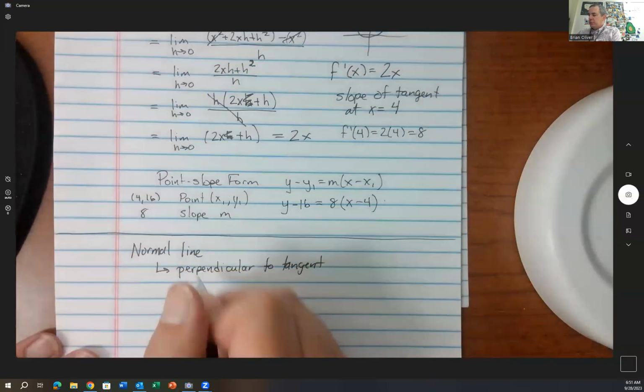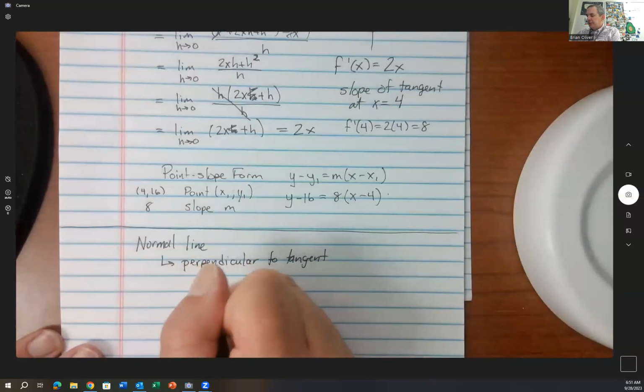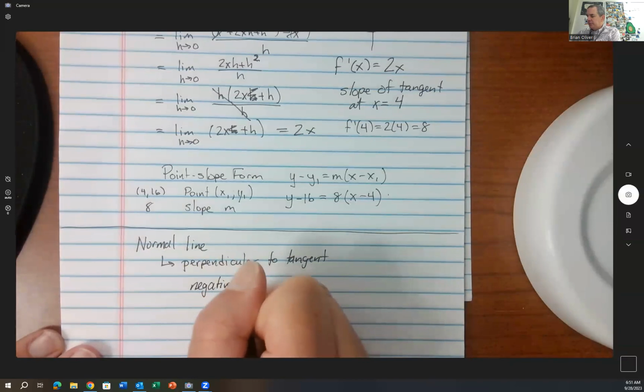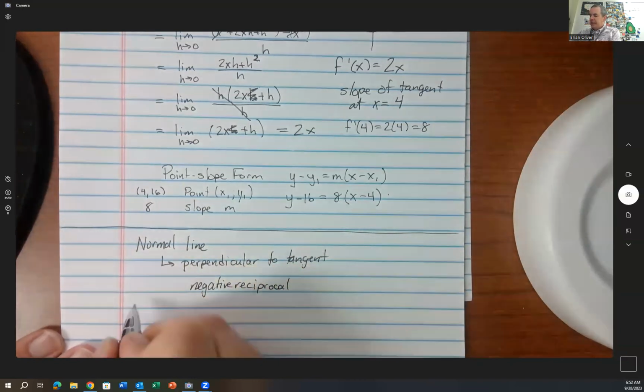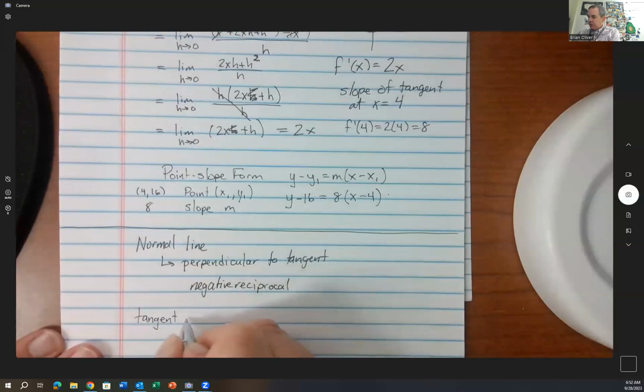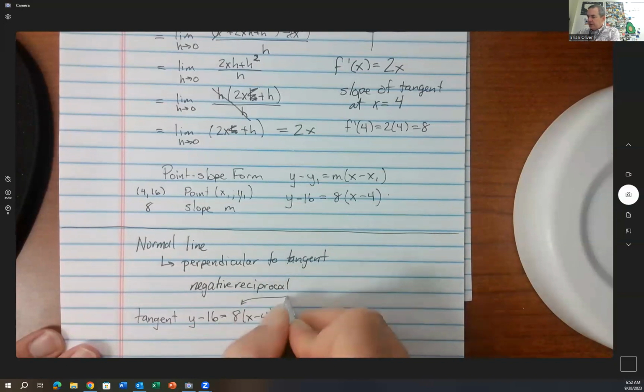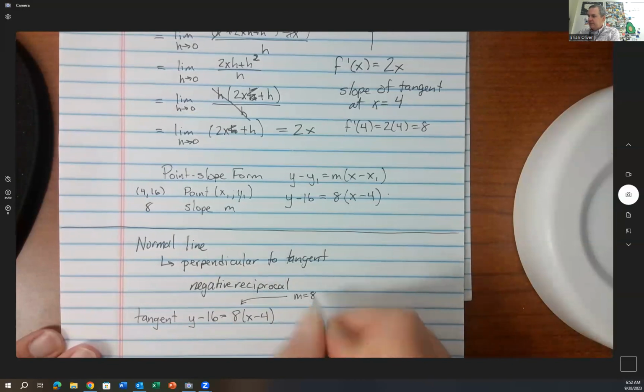And if you remember your rules, a perpendicular slope is the negative or opposite reciprocal. So this is my tangent line up top. My tangent line was y minus 16 equals 8 times x minus 4. Notice my slope here is 8.